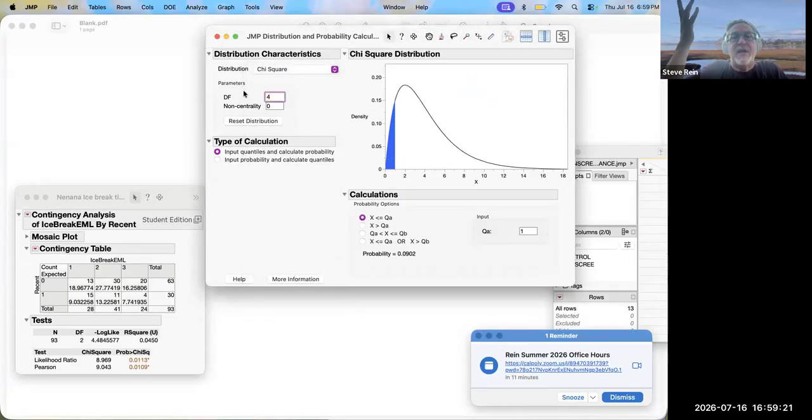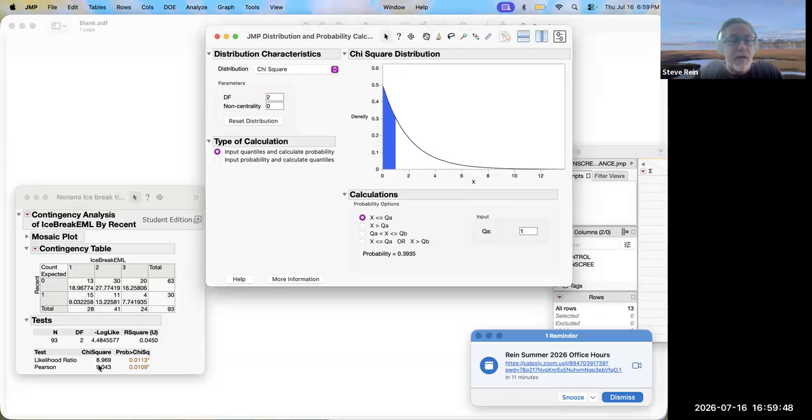It says we need this thing called degrees of freedom. For this course, not the follow-up course, the non-centrality parameter is 0. The degrees of freedom is the number of rows minus 1 times the number of columns minus 1. So 2 minus 1 times 3 minus 1 is 1 times 2, 2 degrees of freedom.